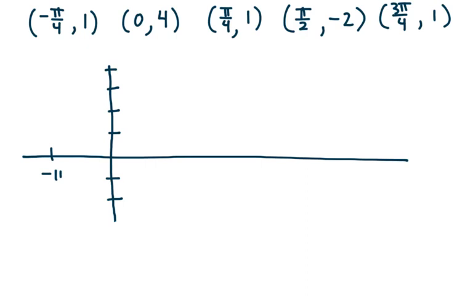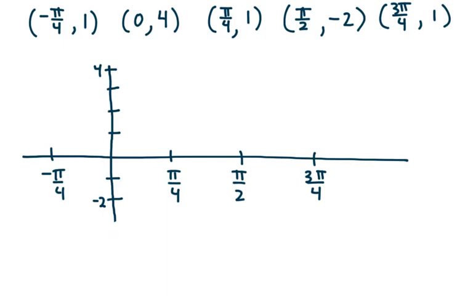So I've got negative pi over 4. I've got 1 pi over 4. 2 pi over 4s, pi over 2. 3 pi over 4. I've listed those there. My 0, I didn't draw that on here. I've got positive 4 and negative 2.